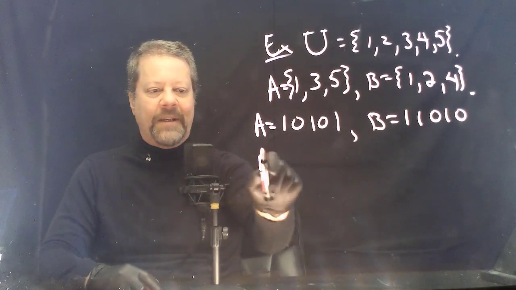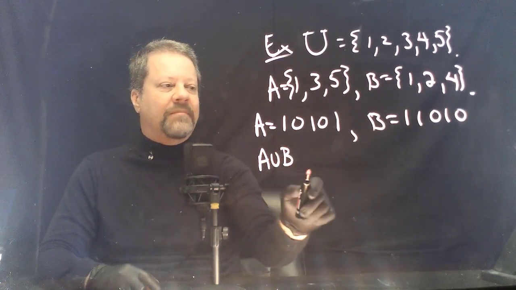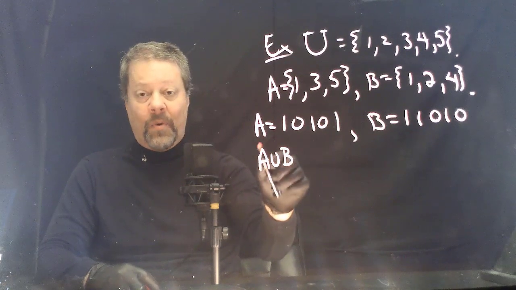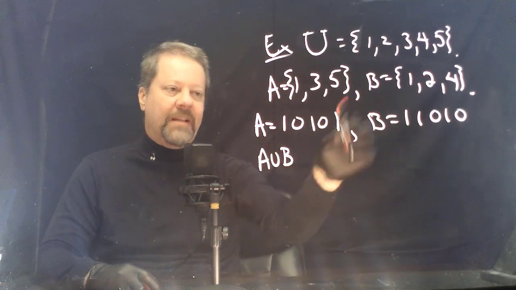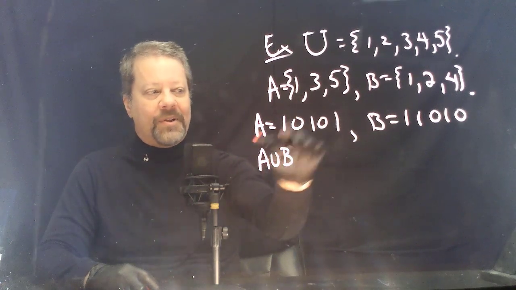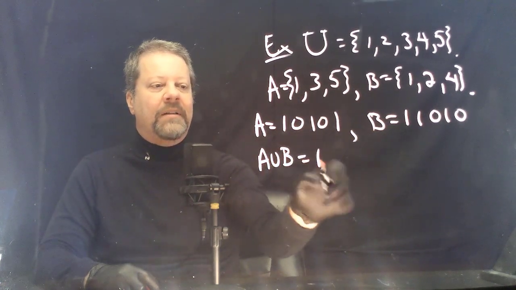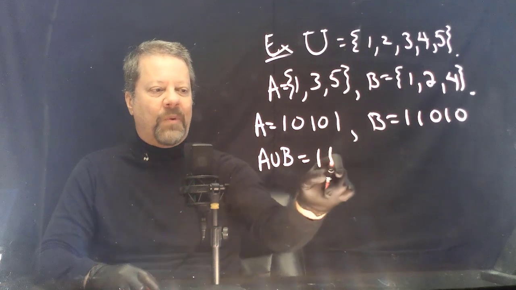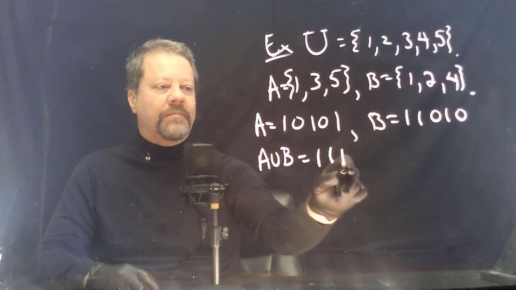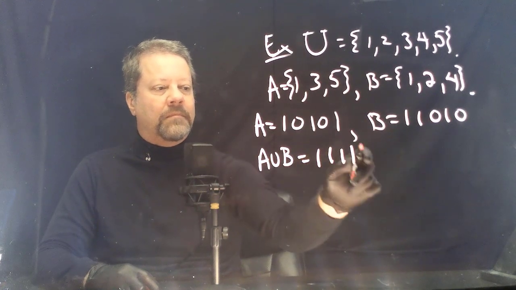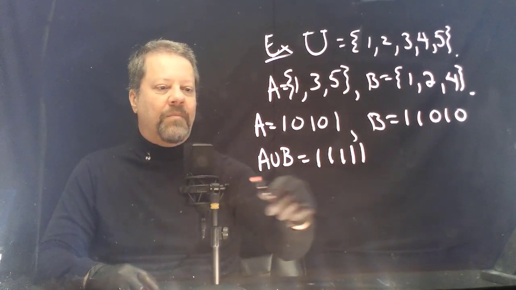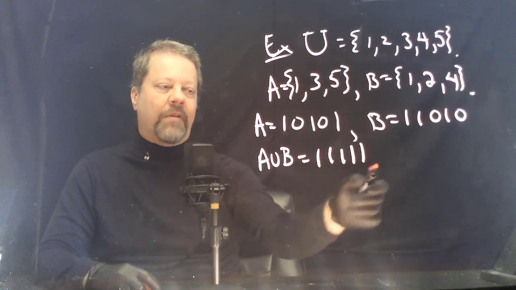So how do we calculate A union B? This is the OR statement. If you have a 1 in a position or a 1 in the other position, then it becomes a 1 in the union. And so the union would be the set 1, 2, 3, 4, 5.